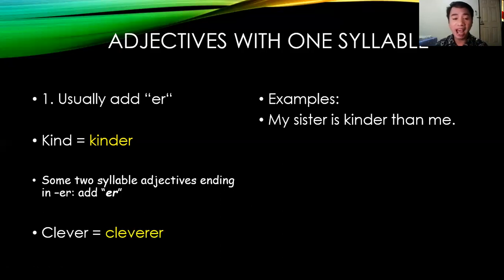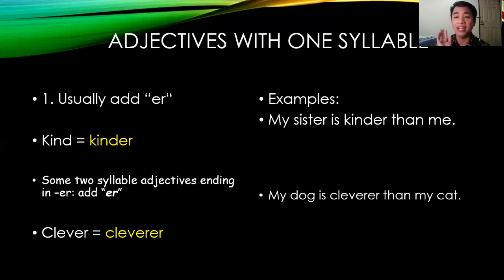So it becomes cleverer. Okay? How will you use that in a sentence? This is the example: My dog is cleverer than my cat. So you compare the two animals, the dog and the cat. Okay?